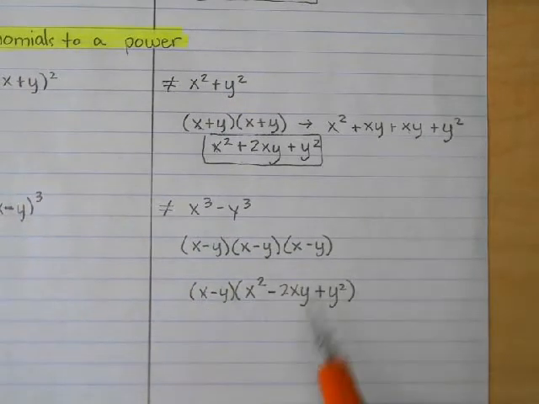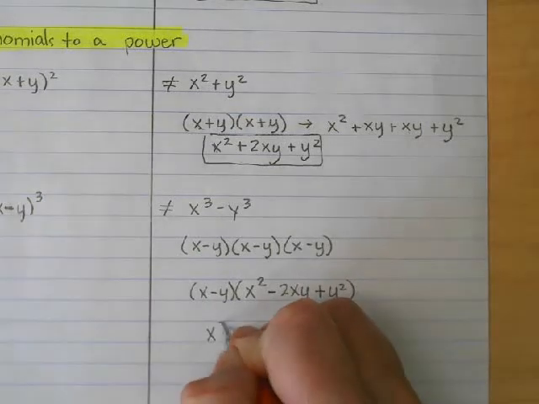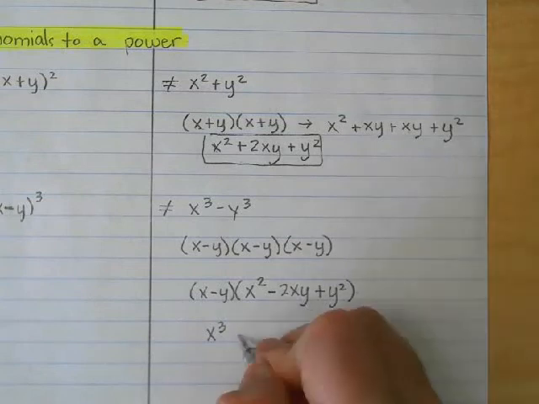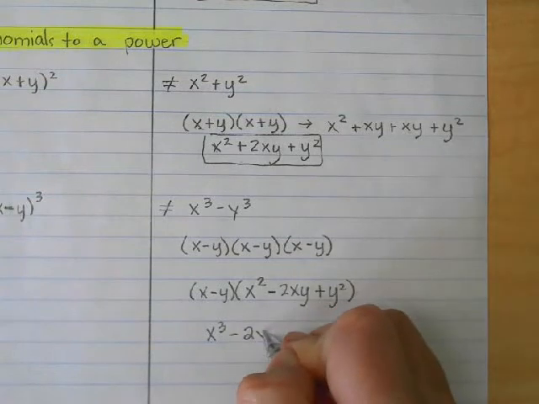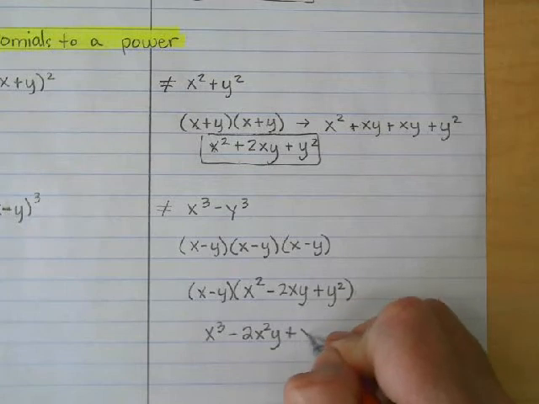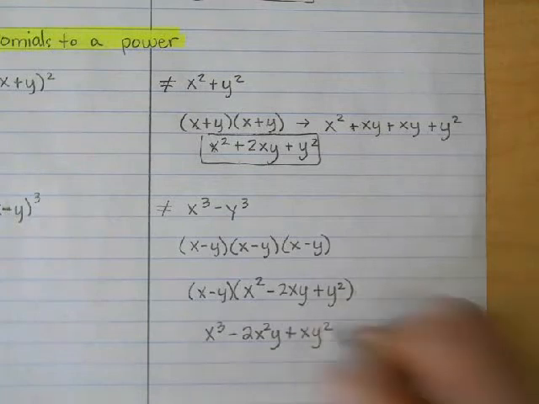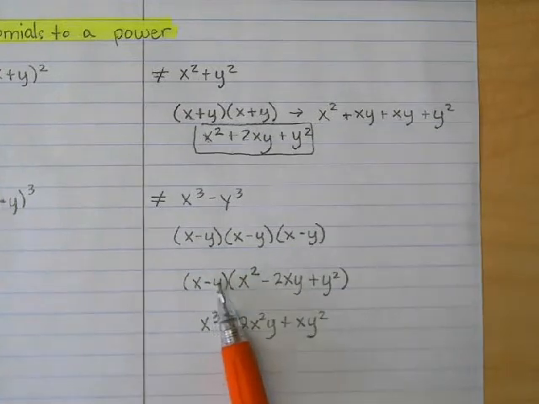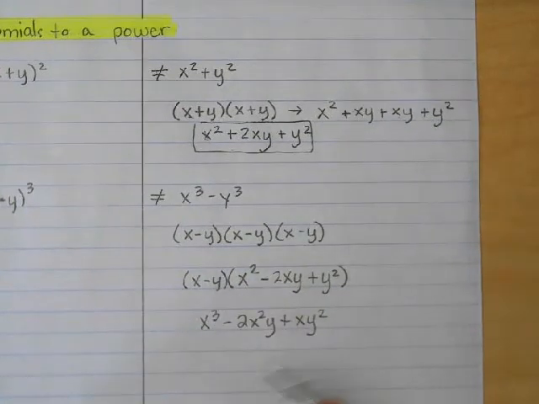Okay, so x times x squared is x cubed. X times negative 2xy is negative 2x squared y. X times positive y squared is xy squared. Okay, now I got to multiply everything by a negative y. And if there's any like terms, I'm going to try to line them up.